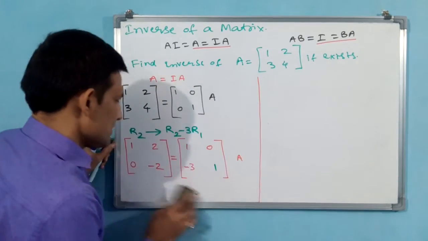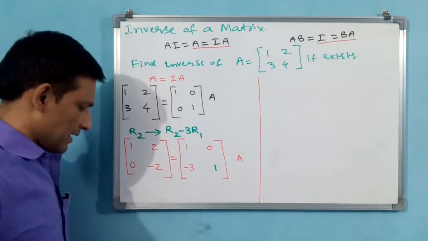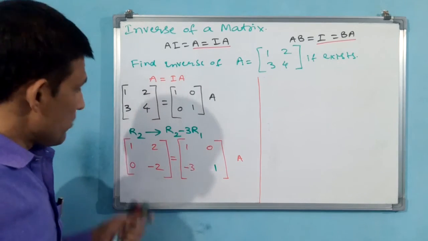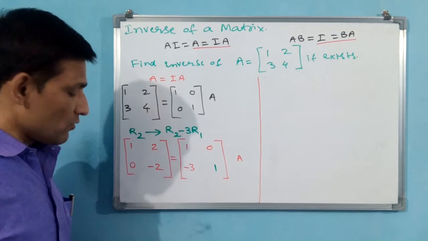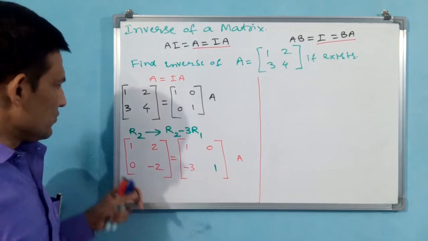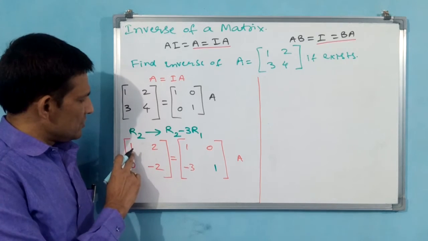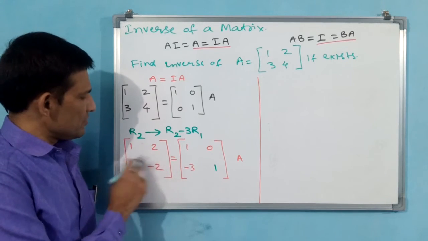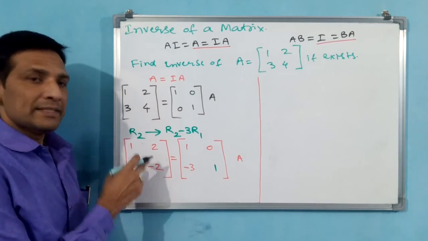Okay. 1, 0 minus 3, 1. See, we are doing it 2 by 2 only. You have to do it very carefully, or else mistakes are going to happen. Now you see what we achieved. We have to achieve 1 0 0 1, but you have to do it step by step like this.